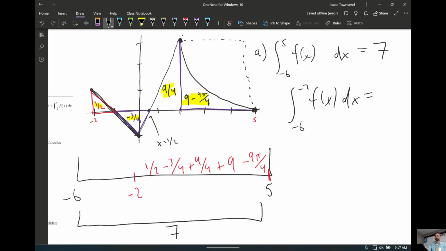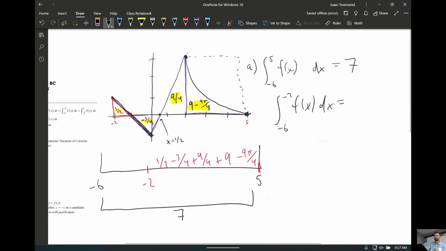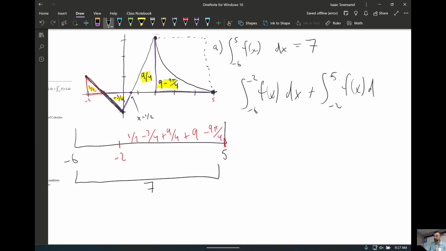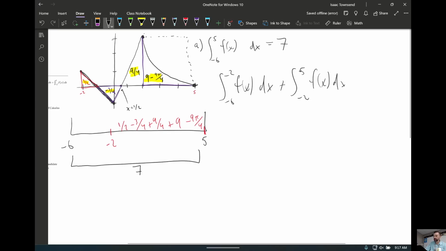If this plus this equals 7, let me write that out. The area from -6 to -2 plus the area from -2 to 5 is the same thing as the area of the whole thing, which is 7. Again, just keep phrasing this as area in your head.